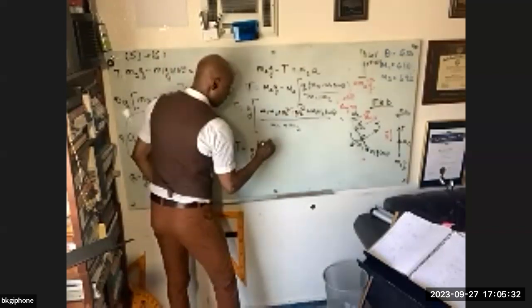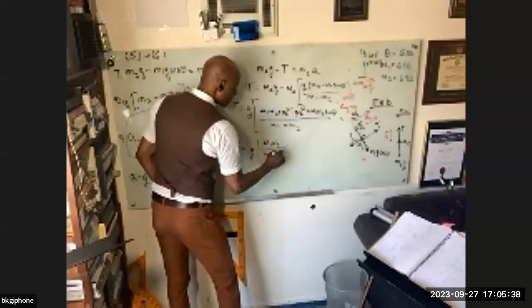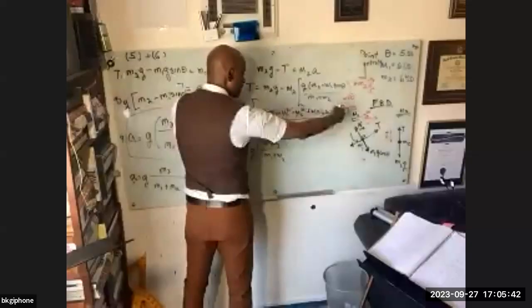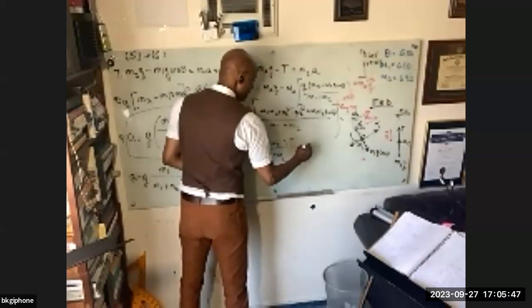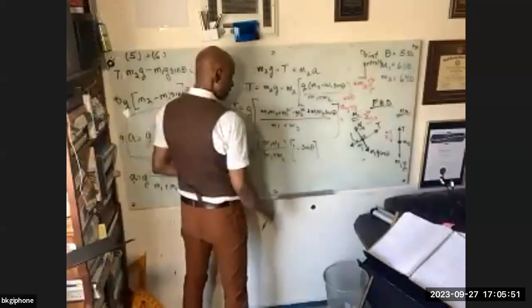You're going to get an M1M2 over M1 plus M2, which is what we got for the first tension. But I still got this term on the outside, which is a 1 minus sine theta. Right? Because when you multiply that back through, you get that thing.